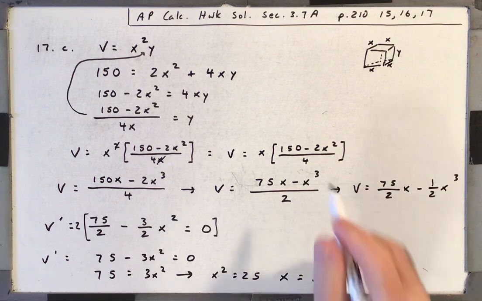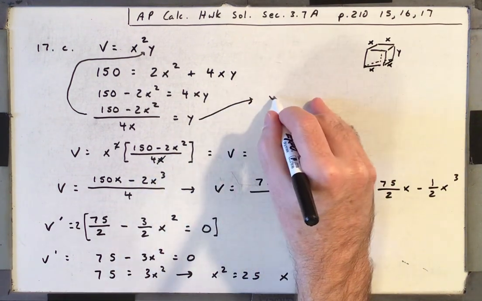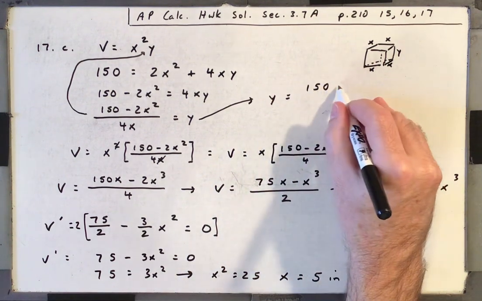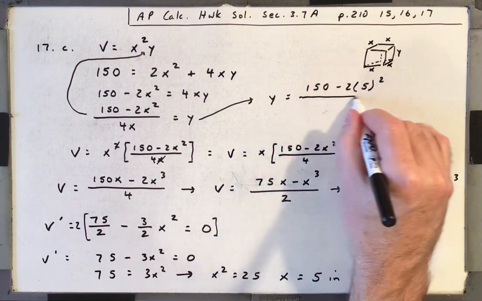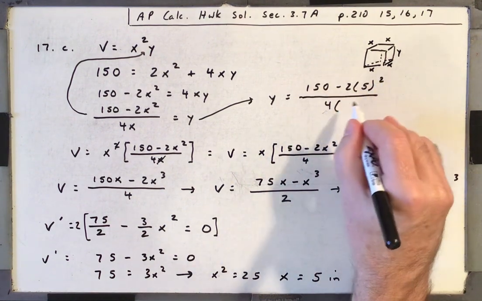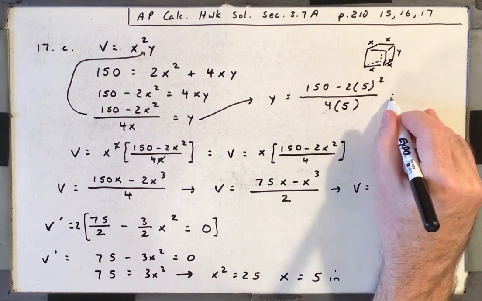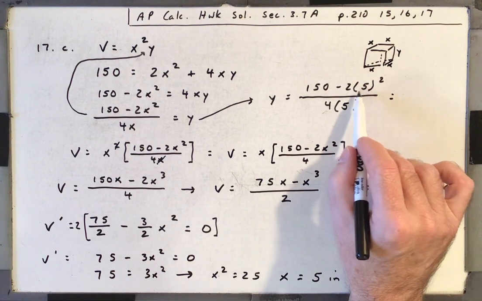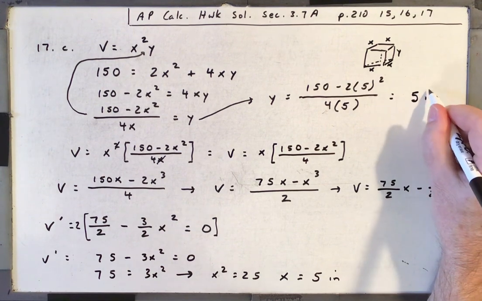So y then, I can find y right here. y is equal to 150 minus 2 times 5 squared, because x was 5, over 4 times 5. So that's 150 minus 50. It's 100 over 20. So that would be 5 inches.